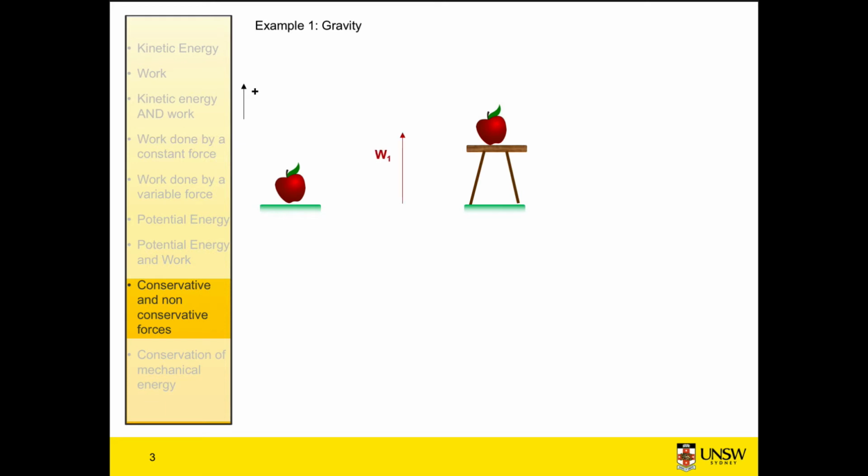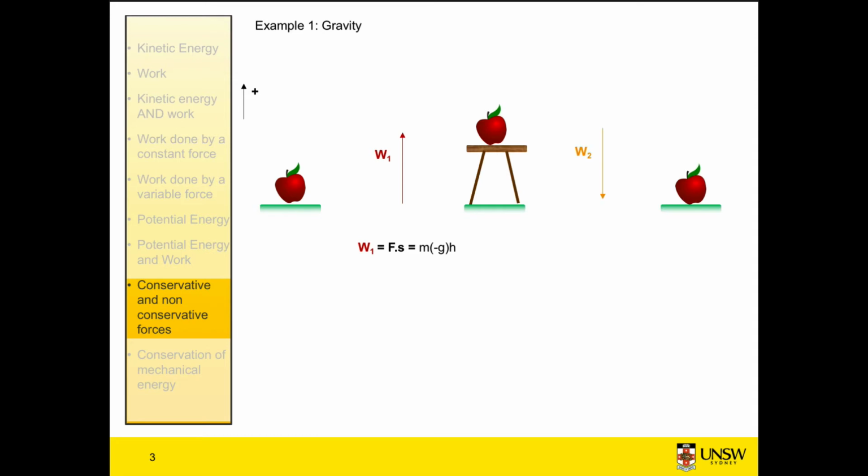So we've done some work on the apple. We know how to calculate this work. We know it's equal to F dot S, so the displacement in the direction that the force was acting, which in this case is equal to mg, our weight force, times h, the height the apple was raised to. I've made upwards positive, so our acceleration due to gravity is negative.